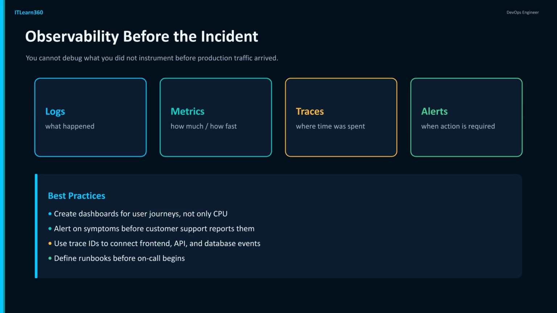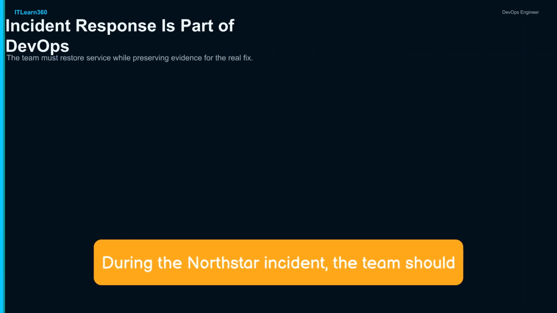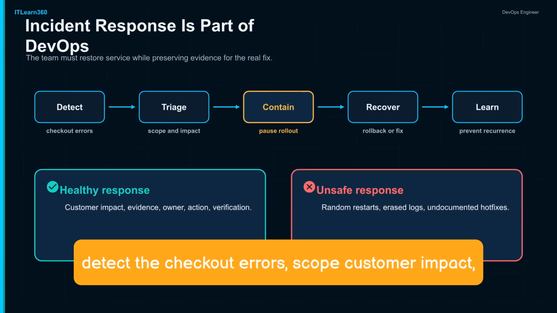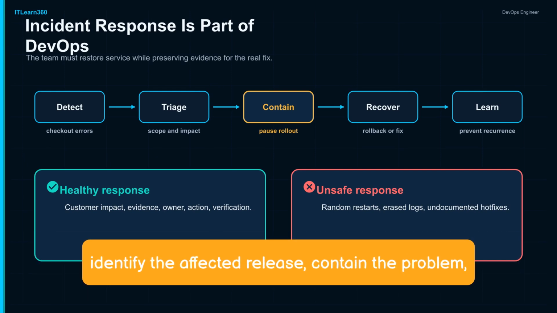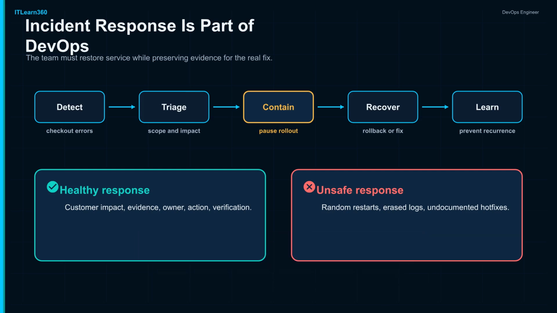Once the evidence is available, incident response becomes a structured engineering process rather than a series of random restarts. During the North Star incident, the team should detect the checkout errors, scope customer impact, identify the affected release, contain the problem, restore service, and preserve evidence for the real fix. That may mean pausing the rollout, rolling back, or applying a verified correction.